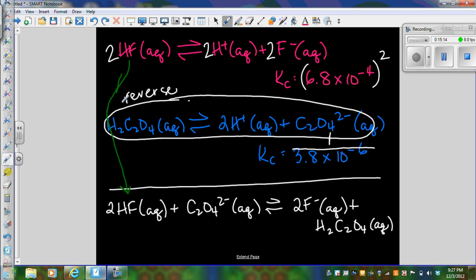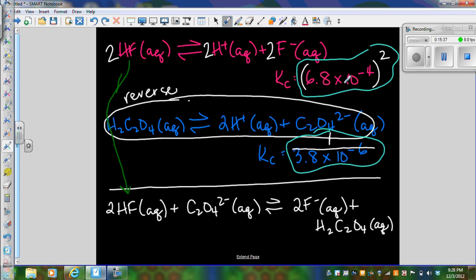So I need to make some room on here. I need to find out the answer to this, what that value is, and I will need to find out what this value is, and I will need to take the two of those and add them together.